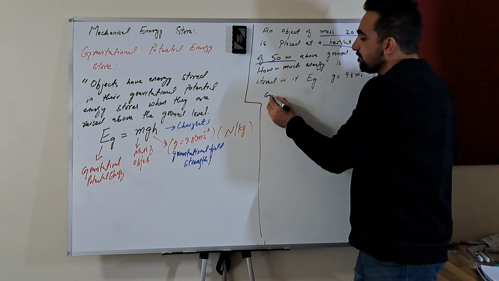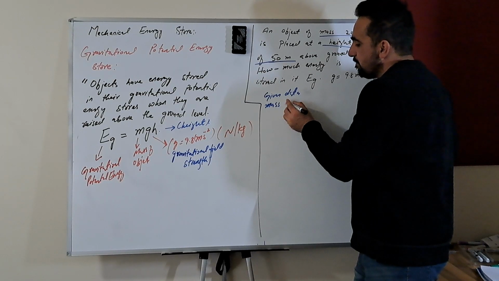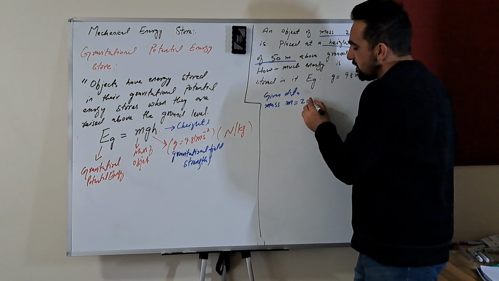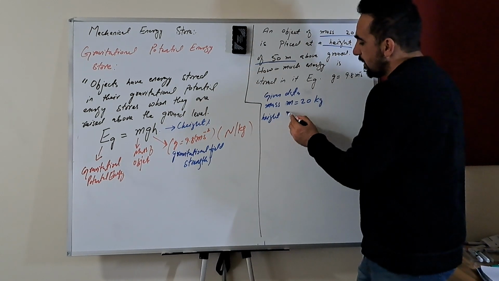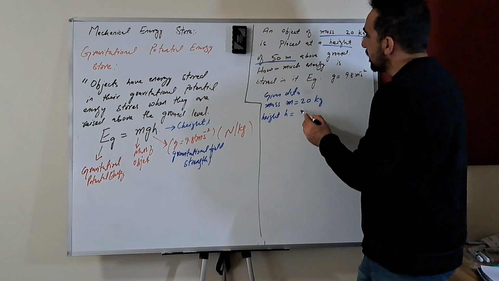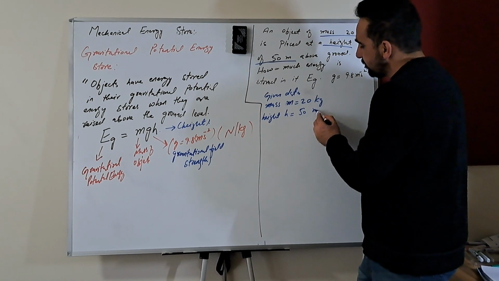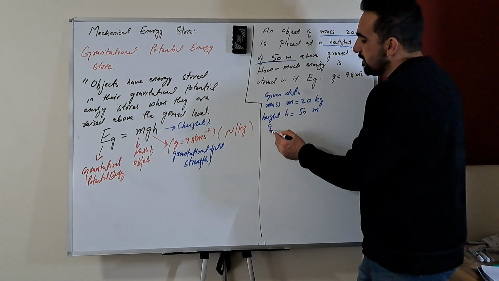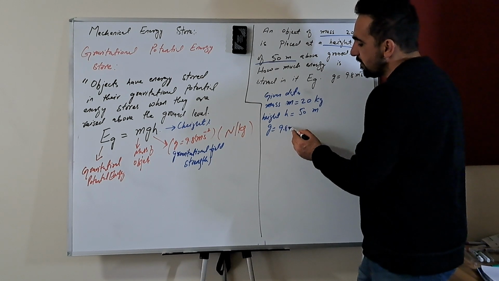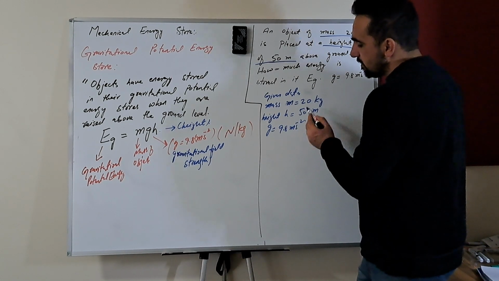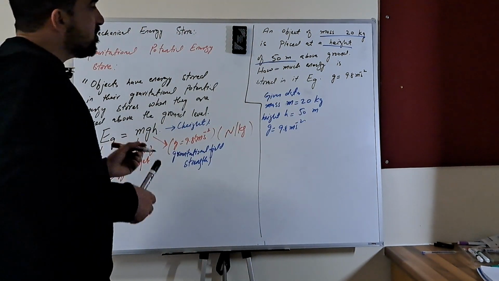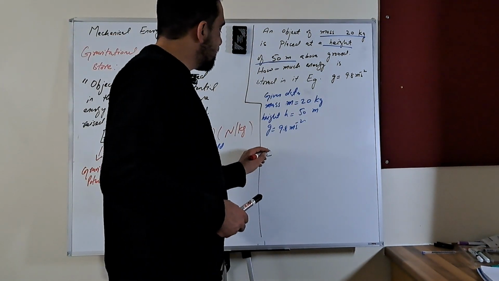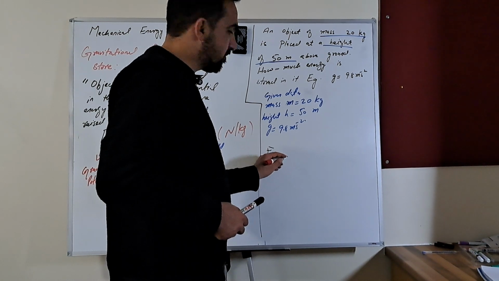The given data: mass m is 20 kilograms, and we got height h which is 50 meter, and we got g which is 9.8 meter per second square, and we need to find gravitational potential energy, Eg.